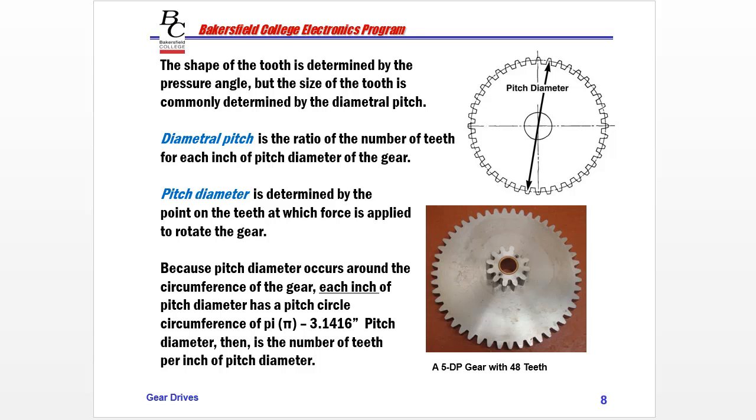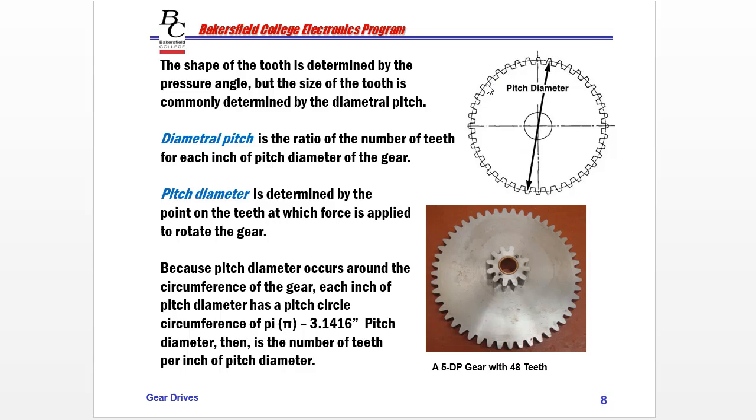So it might seem like a complicated definition, but in the next slide we'll show you how simple it really is. To understand diametral pitch, we need to know the pitch diameter. The pitch diameter is determined by the point on the tooth at which force is applied to rotate a gear.